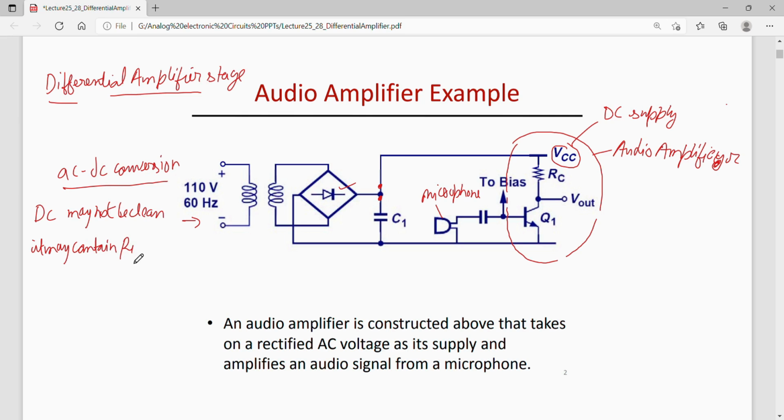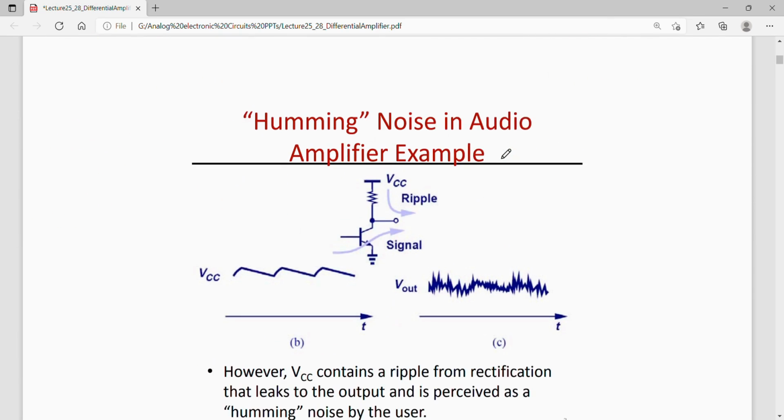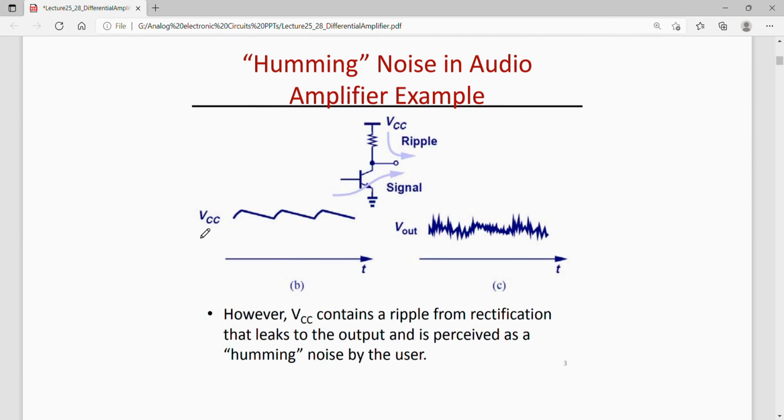The DC obtained through AC to DC conversion via a diode rectifier may contain ripples. We would like this DC to be a straight line, a constant DC voltage, but because the conversion from AC to DC is not clean, the DC contains ripples.